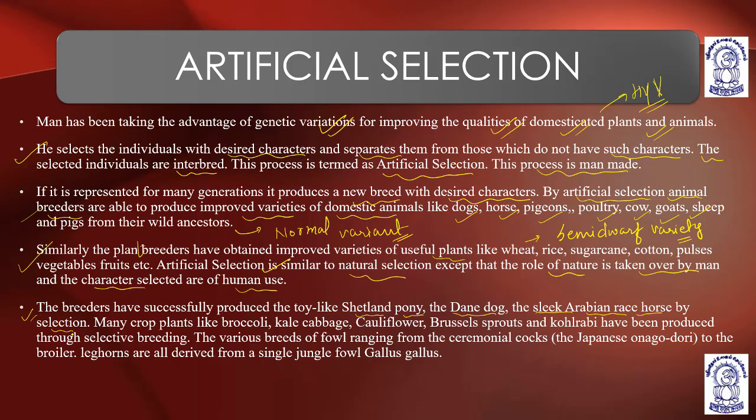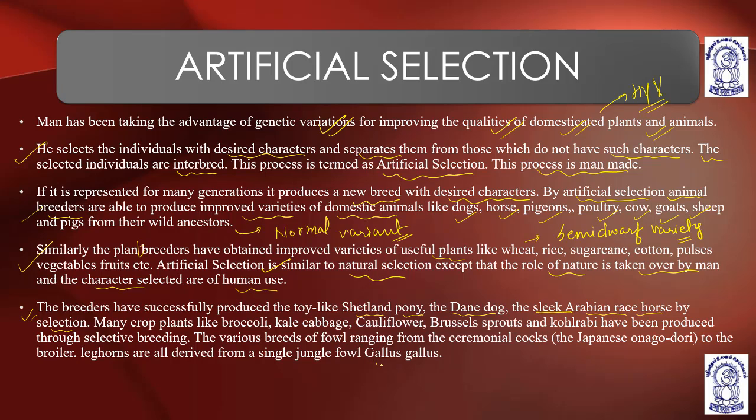Artificial selection. Understood? The various breeds of fowl, ranging from the ceremonial cocks, the Japanese Onagadori, to the broilers. The broilers have been introduced through these genetic variants to produce a large amount of flesh or meat. Understood? And that is why they are known as the improved varieties. Leghorns are also derived from a single jungle fowl, Gallus gallus.